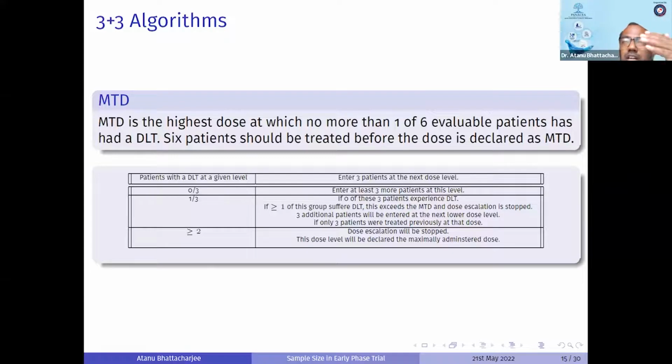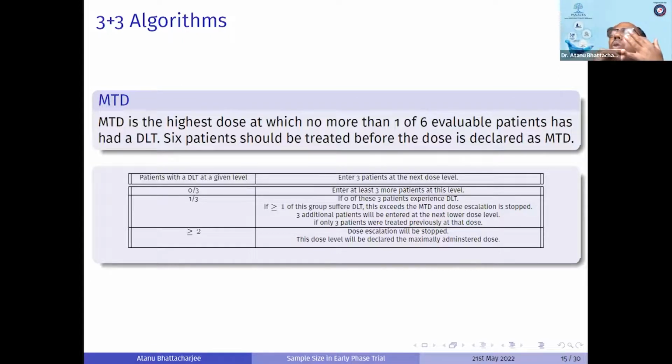At the next level, that is the 50 mg I was talking about, the 3 patients are given it. If 1 or more than 1 patient is having toxicity, then what is going to happen? For a particular dose, 3 things can happen.